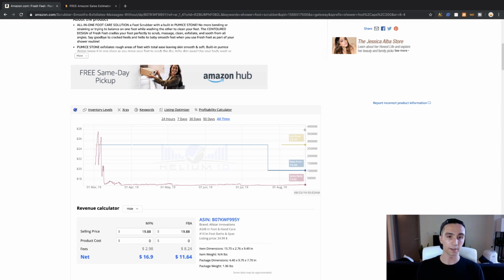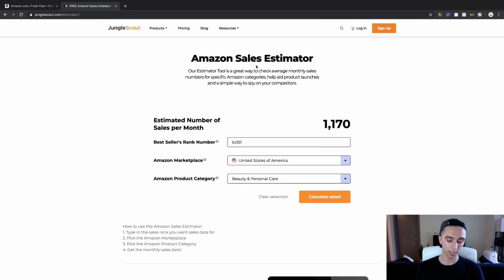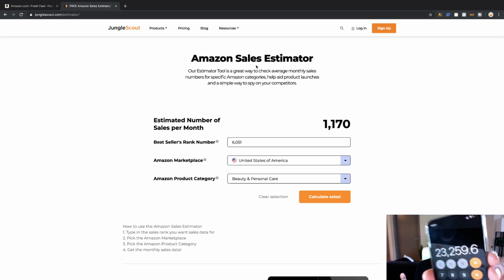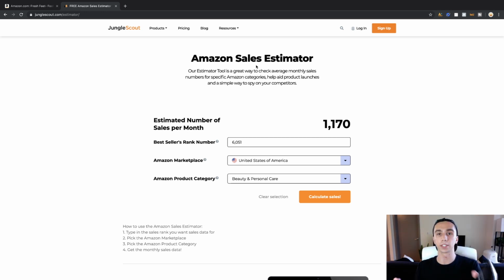Because if we did 1,170 times 1988, right, to get their revenue, sales times the price per unit that they're selling is going to be the revenue. It's actually going to be almost half of what it's saying, right? That's $23,000, not $44,000.